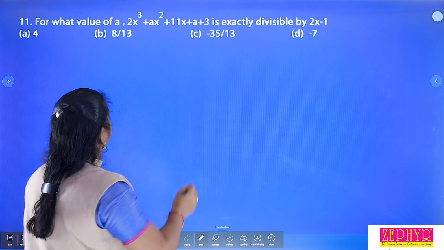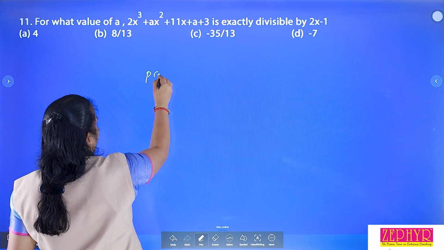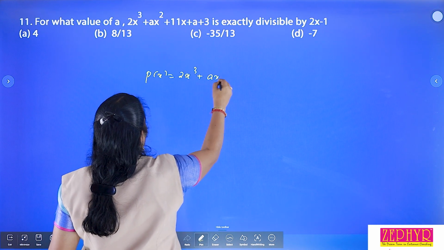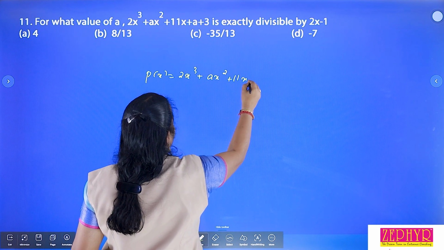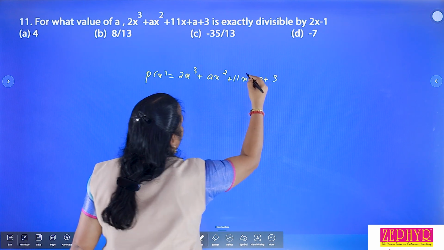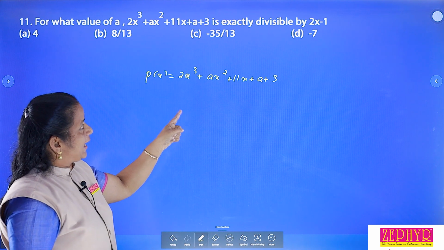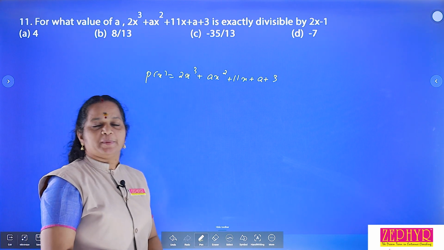For what value of a? So it is p of x, 2x cube plus ax square plus 11x plus a plus 3. For what value of a is this polynomial exactly divisible by 2x minus 1?